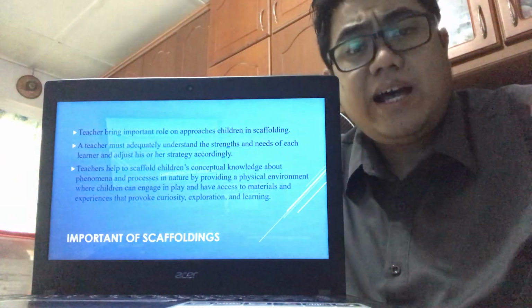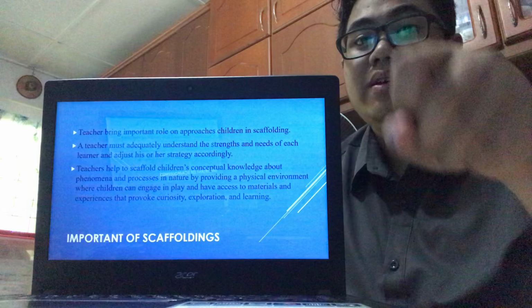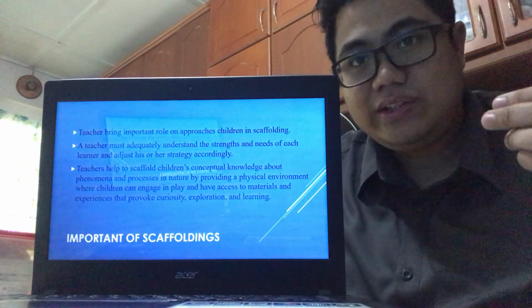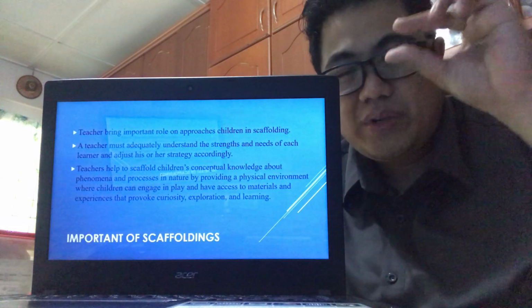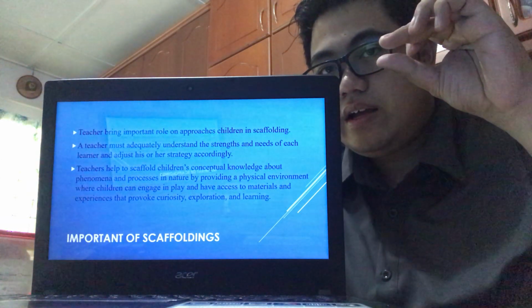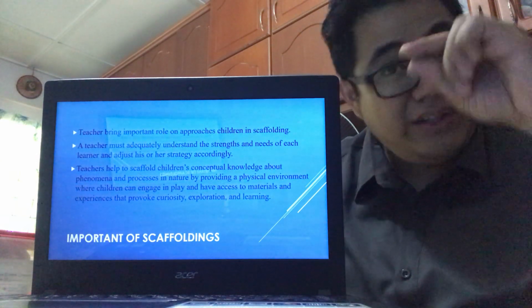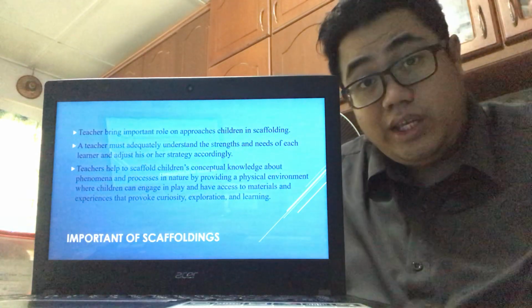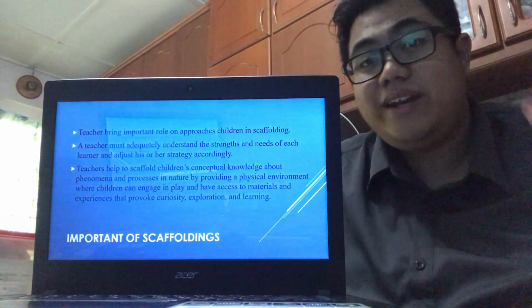So this is how scaffolding happens, because when the teacher gives them tasks that are a bit difficult for them, it will encourage them to think outside the box to find the solution.